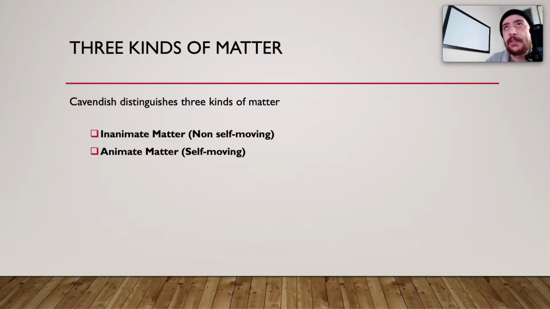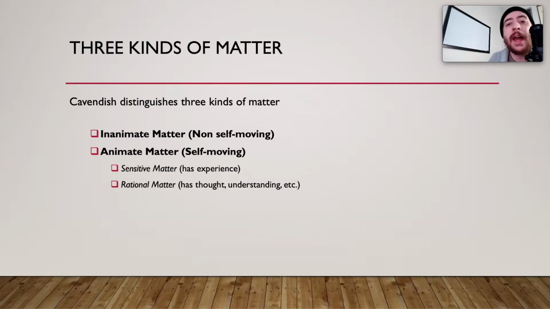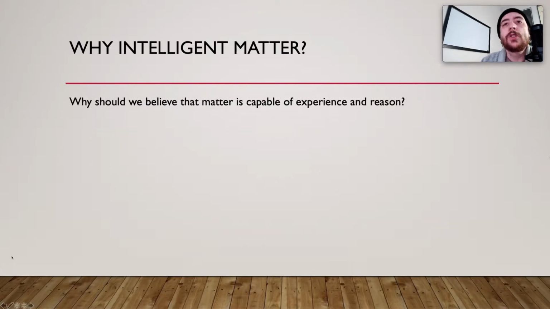And this is distinguished in two forms. There's the sensitive matter, the matter that has experience, and then there's rational matter, which has thought or understanding. So why should we believe that matter is capable of experience or sensation and reason?